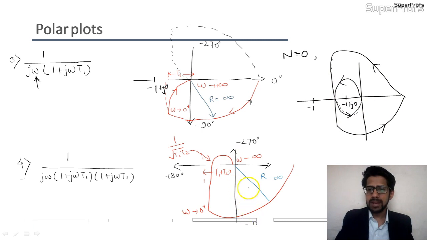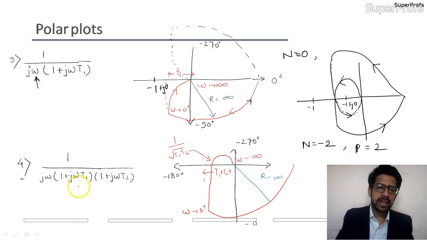That means my n will be -2, and for my system to be stable, I must have two poles lying on the right hand side of the s plane. These poles are nothing but open loop poles. So I do have two poles, and hence T1 and T2 should be less than 0. This is how I will be getting my system to be stable.